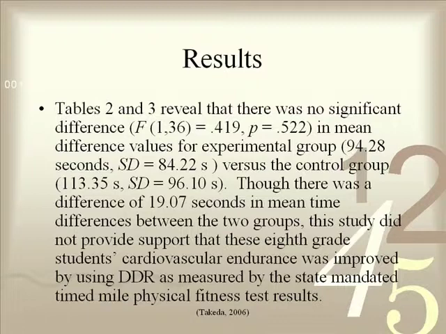Again, ANOVA tests are used for studies when you have 2 or more independent variables. We can also do studies where we have multiple levels of dependent variables and independent variables.